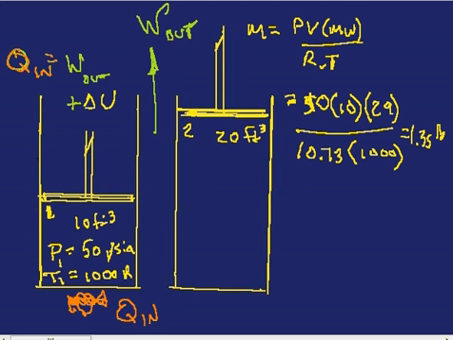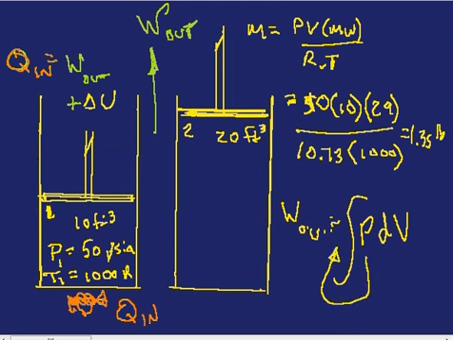Next we'll solve for the work out. And you recall work out equals the integral of P dV. This is fortunate in this case because pressure is a constant, and we can move it out in front of the integral, and we have P times the integral of dV, or P times V2 minus V1. So we have P, which is 50 psi, times V2 minus V1.